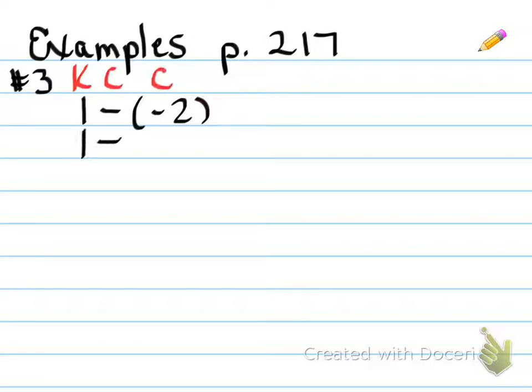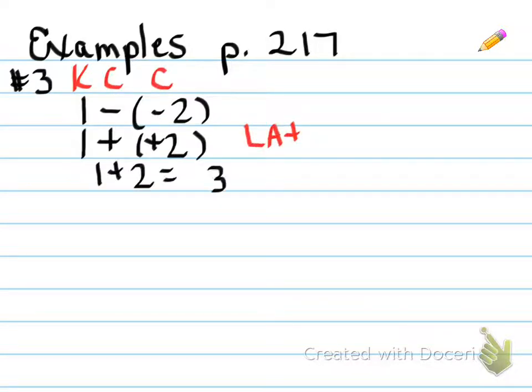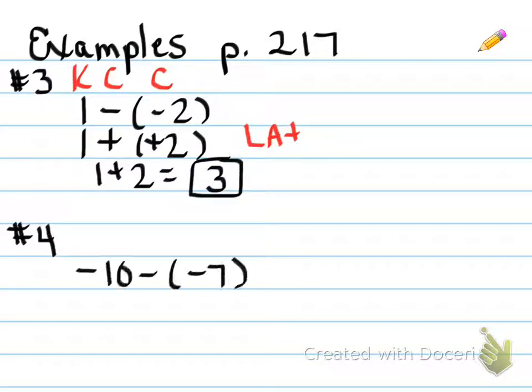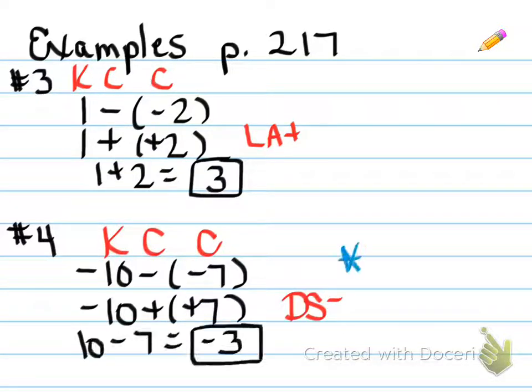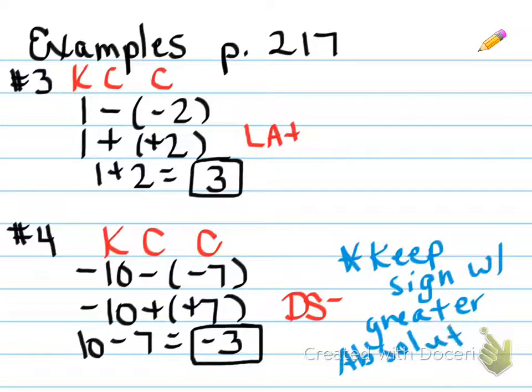Alright, so this is your notebook paper and we are going through examples. Please note that these examples are from page 217. These are straight from the book, but go ahead and write them on your notebook paper. Number 3, again, with the letters KCC, keep, change, change, to help you remember to make that switch.